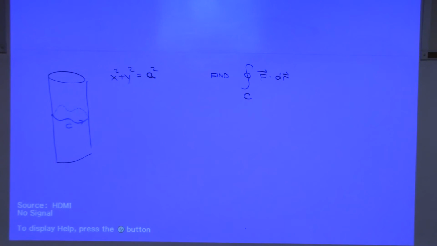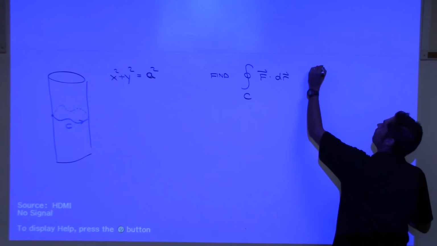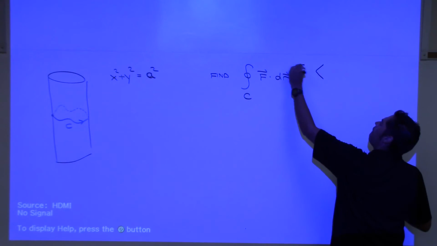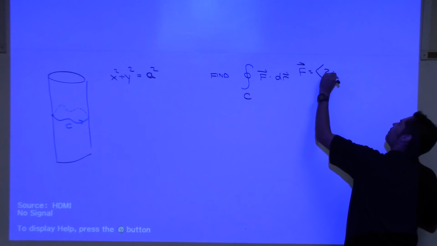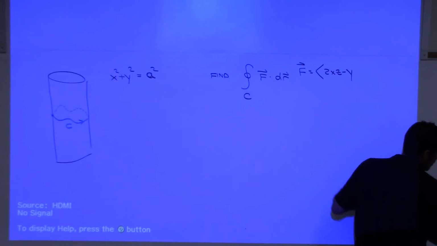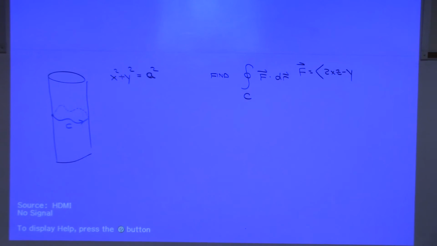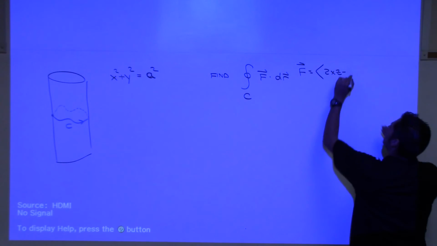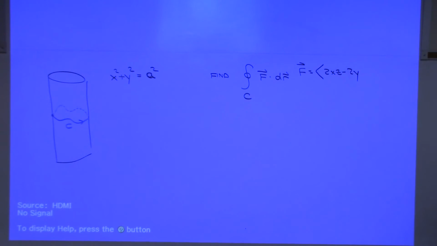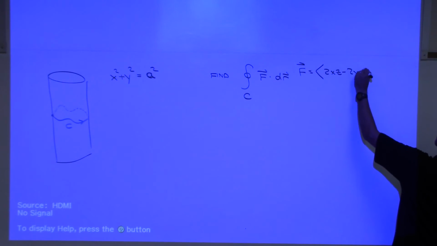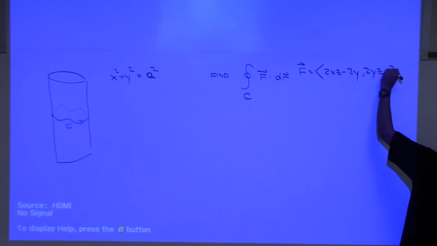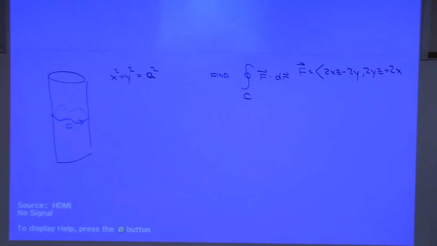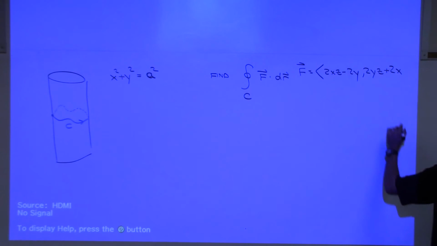Okay, you ready? I'm going to give you the vector field. 2xz minus 2y. 2yz plus 2x. x squared plus y squared plus z squared.